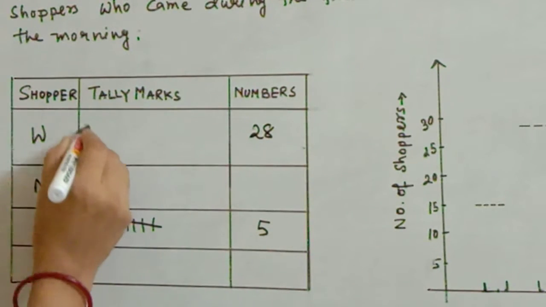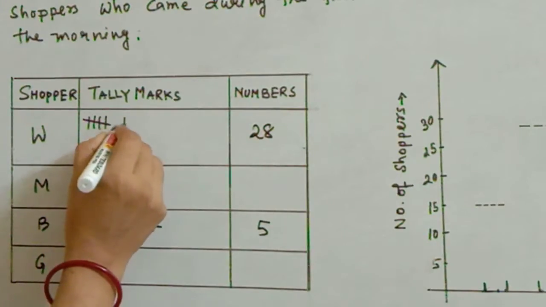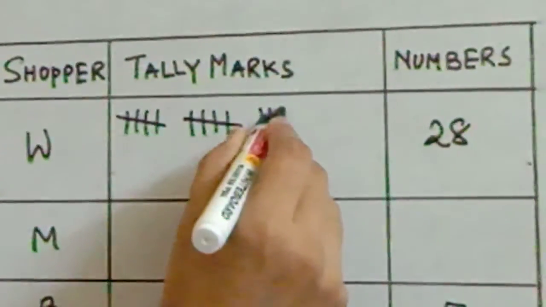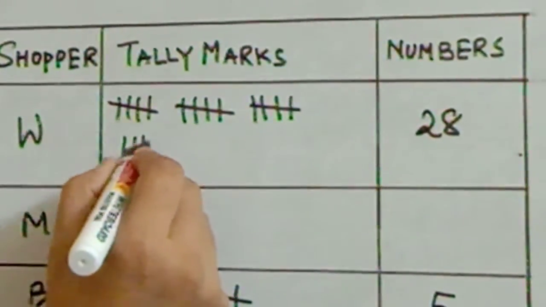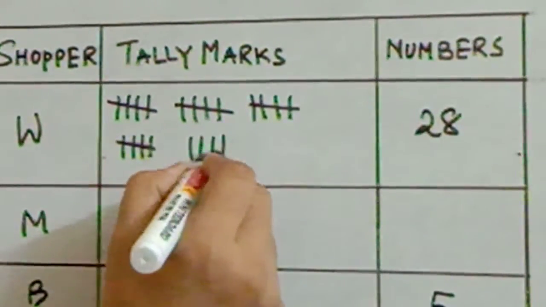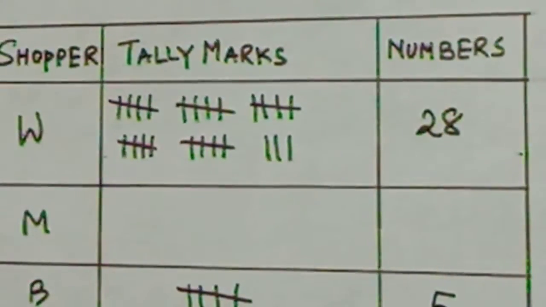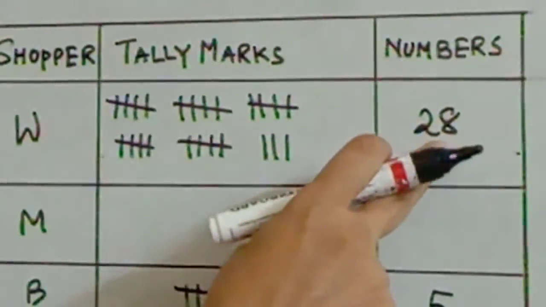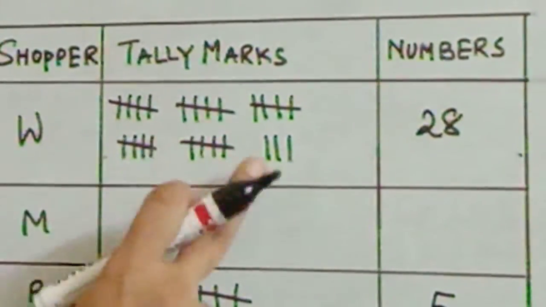So 28: 1, 2, 3, 4, 5, 6, 7, 8, 9, 10, 11, 12, 13, 14, 15, 16, 17, 18, 19, 20, 21, 22, 23, 24, 25, 26, 27, 28. So in the frequency distribution table tally marks are required. So tally marks for the 28 woman shoppers. I have given the tally marks.